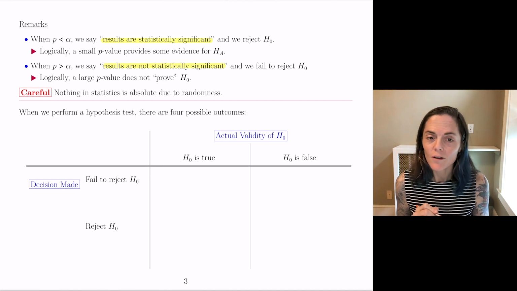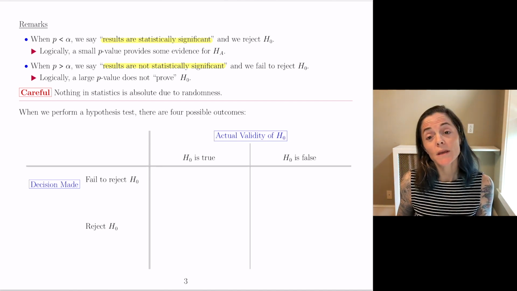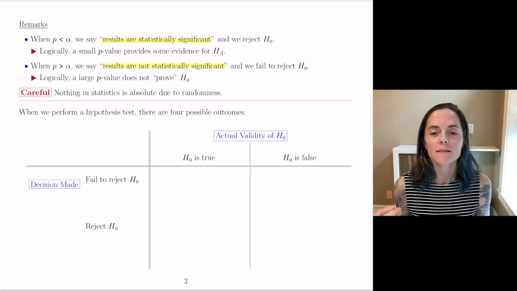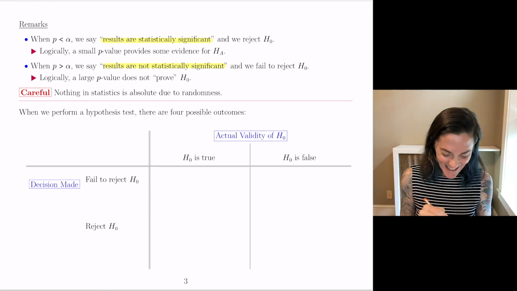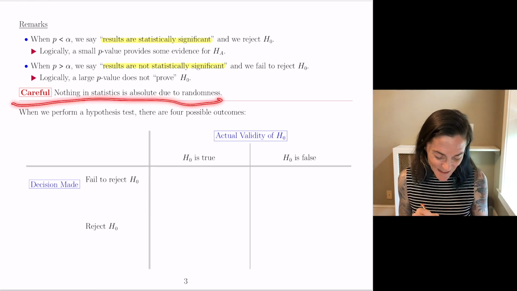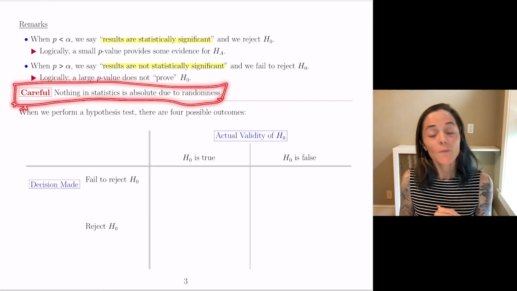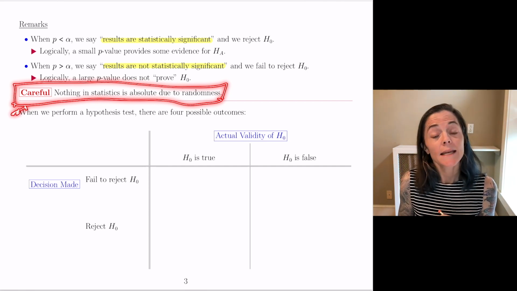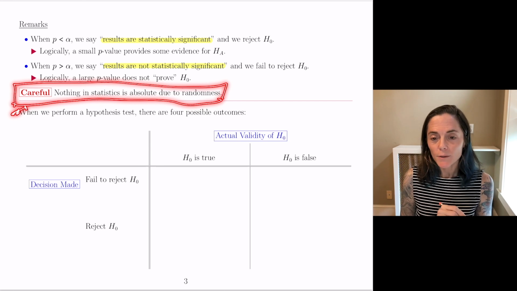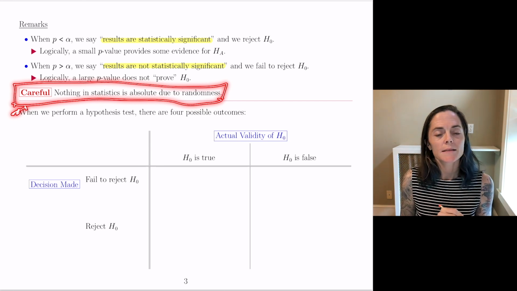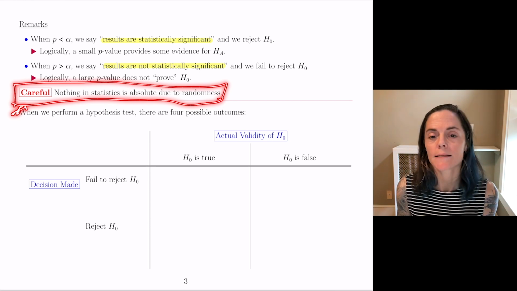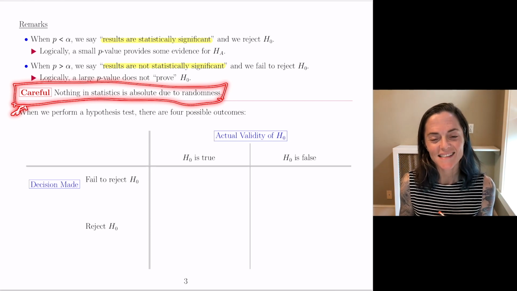But be careful, logically, a large p-value does not prove the null hypothesis. As I mentioned when first introducing hypothesis testing, nothing in statistics is absolute due to randomness. So we have to be a little bit careful in our conclusions and the way we phrase things.